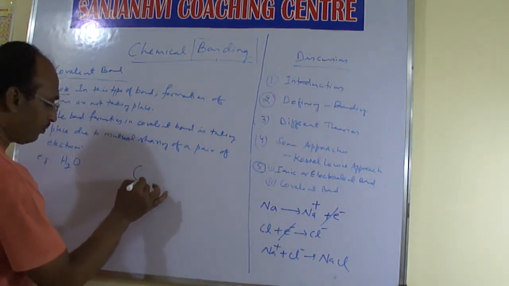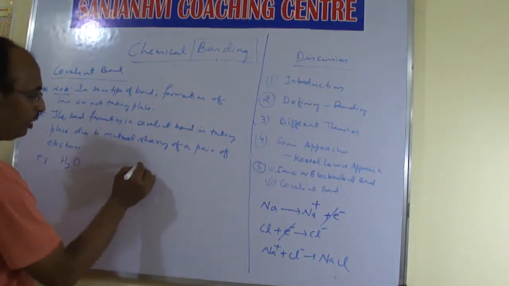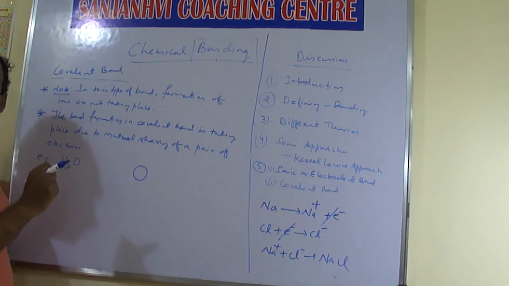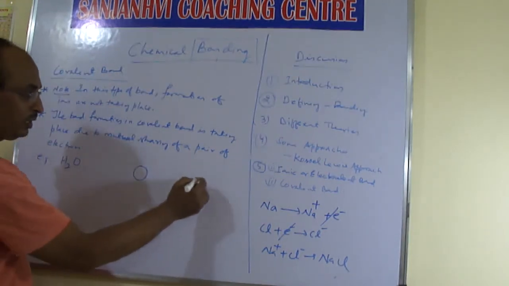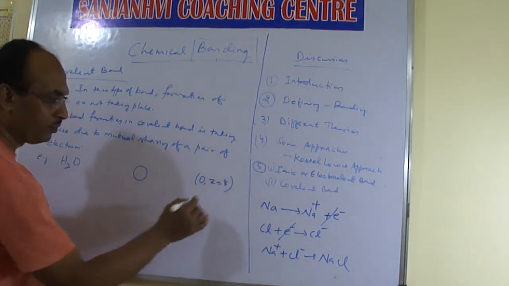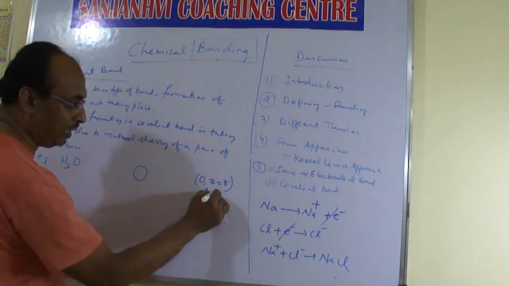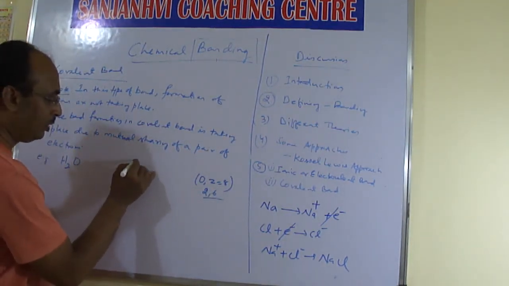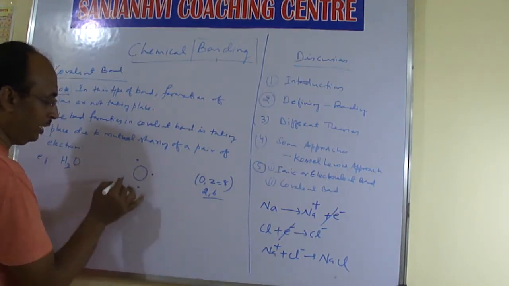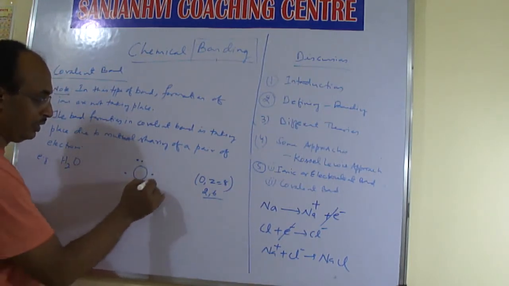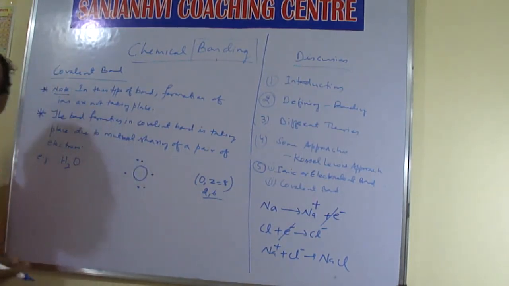For oxygen, Z is equal to 8, so it has electronic configuration 2 and 6, which means 6 valence electrons. We put them around oxygen: 1, 2, 3, 4, then 5, then 6.